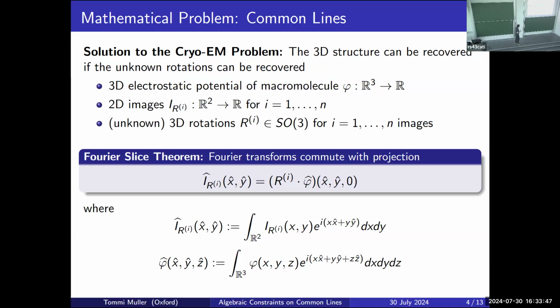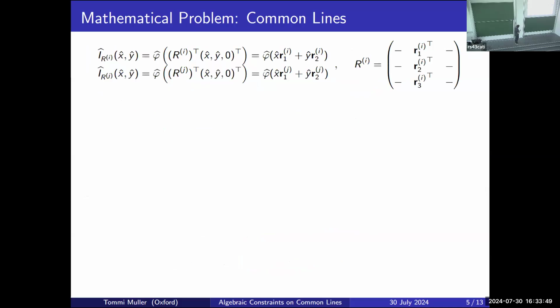So if we write out what the Fourier slice theorem says for image I and image J, corresponding to rotations Ri and Rj, you get this pair of equations here. This pair of equations is simply writing out what's inside this bracket here. And it's expressed in terms of the rows of the rotation matrix.